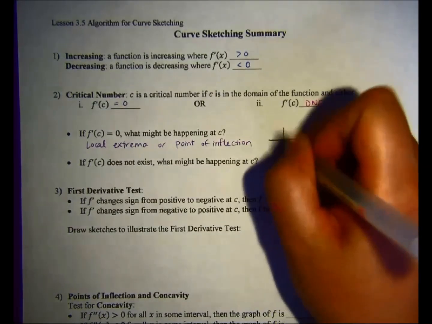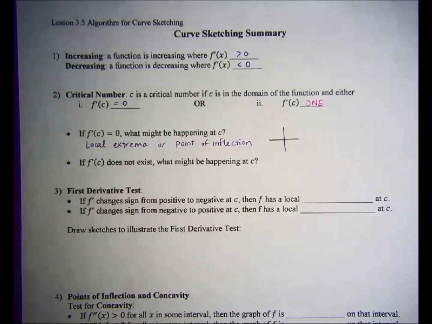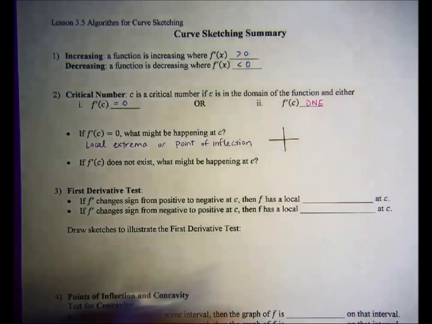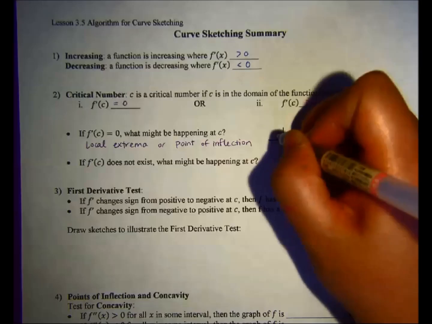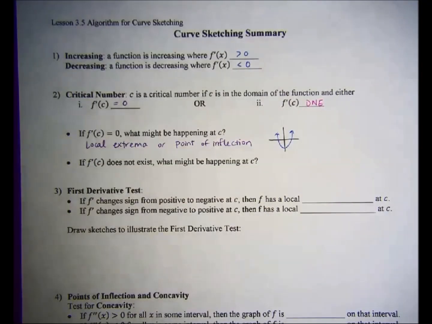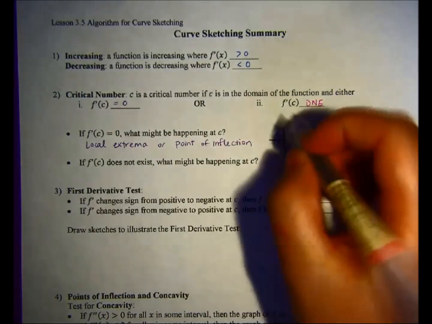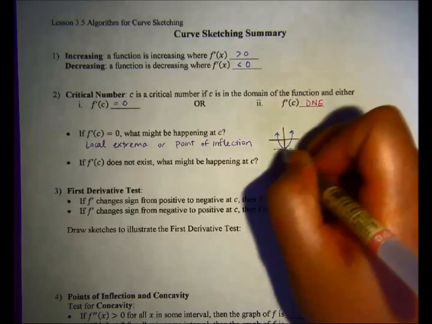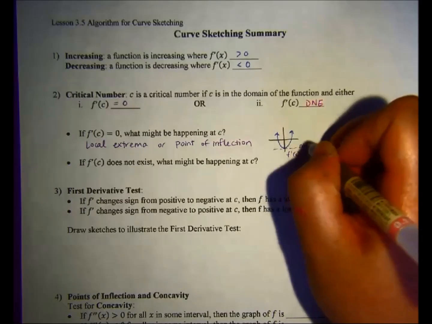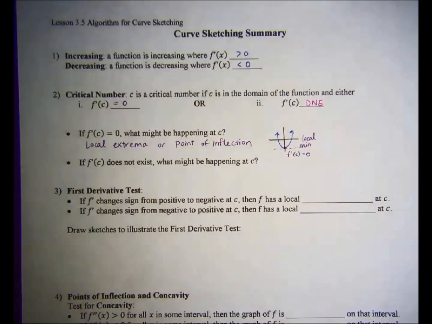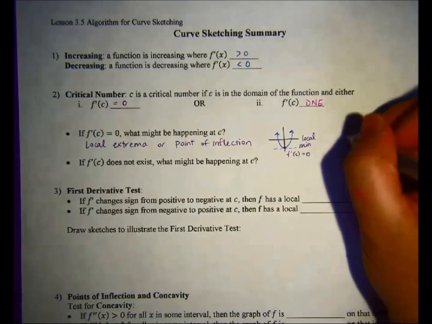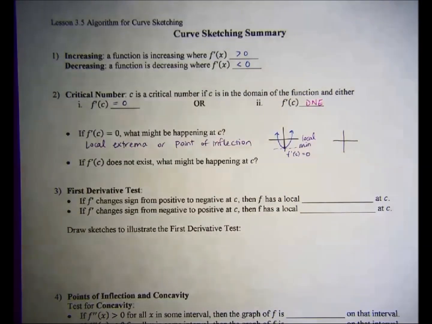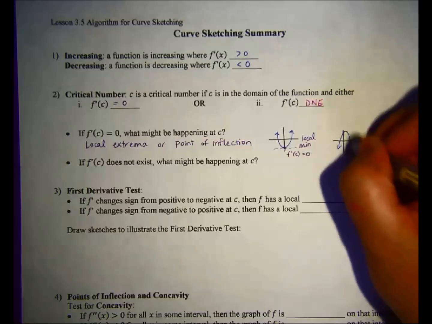So here, if we have a function that looks like so, then we will have f prime of C equaling 0, and then we have a local extrema, the local minimum. Or we could have a local maximum.